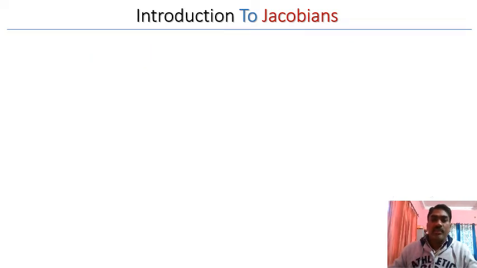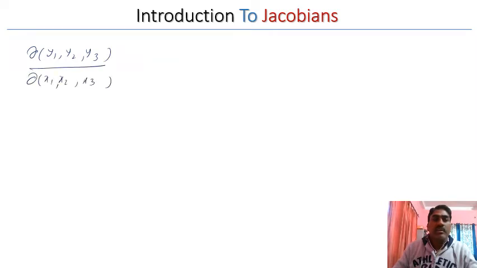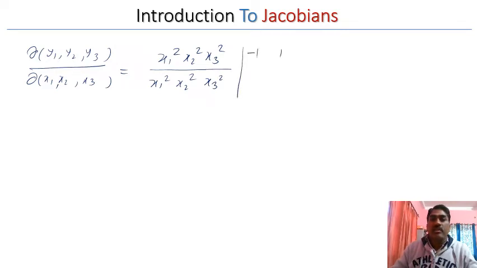So in general, you will take x2 common 2 times, x1 common 2 times, x3 common 2 times. So we will get this Jacobian of y1, y2, y3 with respect to x1, x2, x3 equal to x1 square, x2 square, x3 square divided by x1 square, x2 square, x3 square, times the determinant with rows minus 1, 1, 1; 1, minus 1, 1; 1, 1, minus 1.